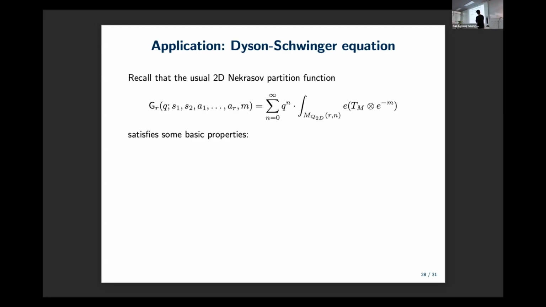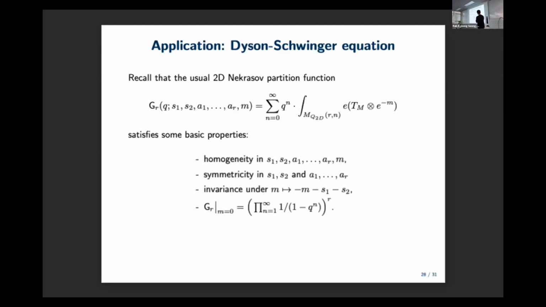And let me remind you that this partition function satisfies some basic properties, namely homogeneity for these equivariant parameters, and there is a symmetricity on this S1 and S2, and you can also mix up AIs.